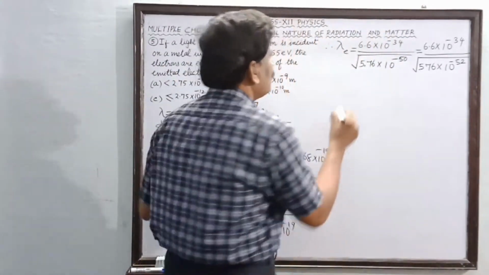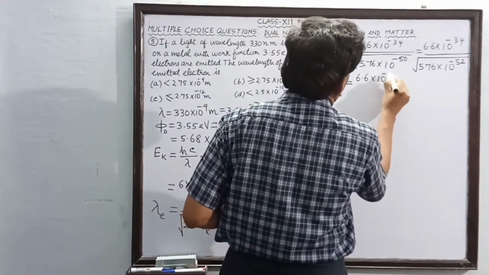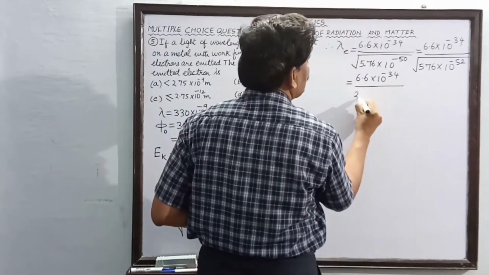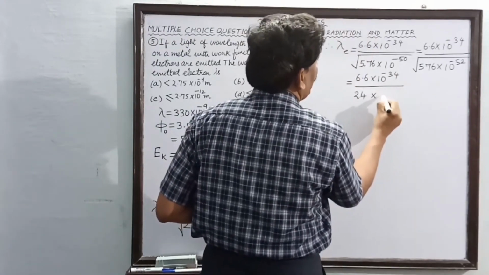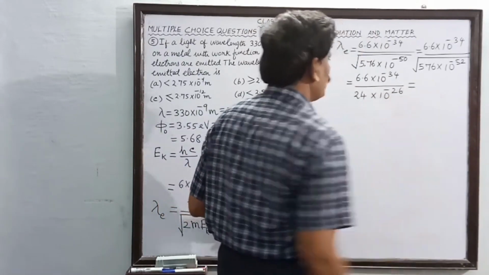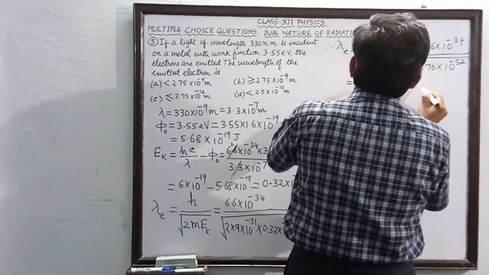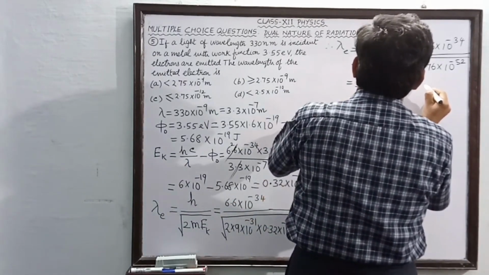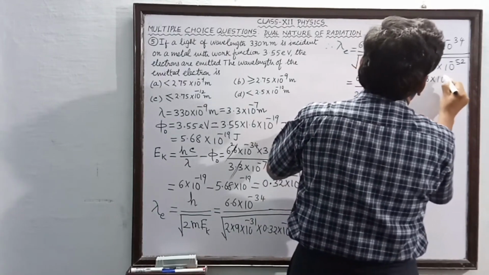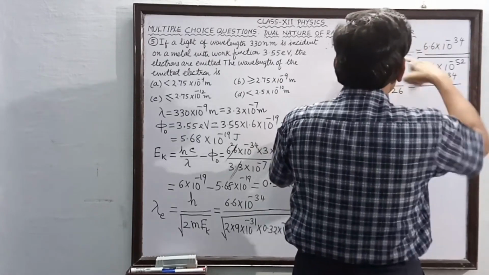576. So this is now equal to 6.6 into 10 to the power of minus 34 divided by square root of 576, which is 24 multiplied by 10 to the power of minus 26. So this is equal to 6.6 into 10 to the power of minus 34 divided by 24... okay, I will adjust the 10 powers first.